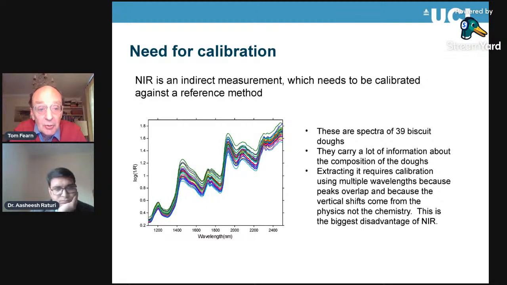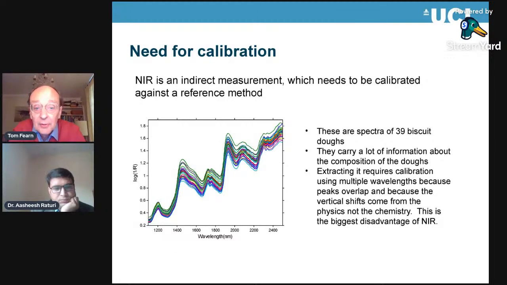And the reason it's used is because of something called Beer's law, which doesn't apply here, but does apply in other situations. So if you were doing transmission through a dilute solution, then there would be a linear relation between concentration of what you're looking at and log 1 over T. And because of that, people use log 1 over R, and it's called absorbance.